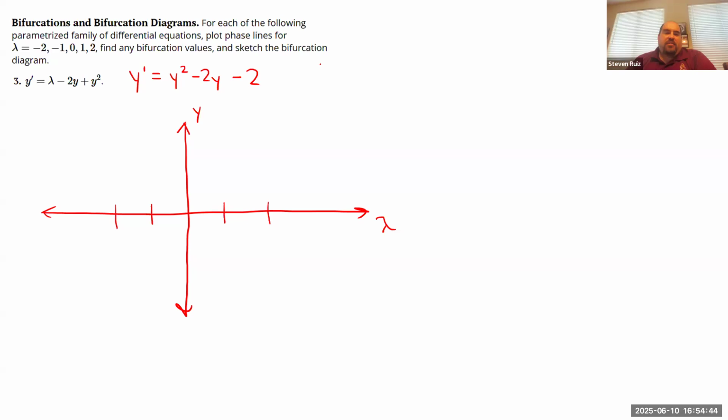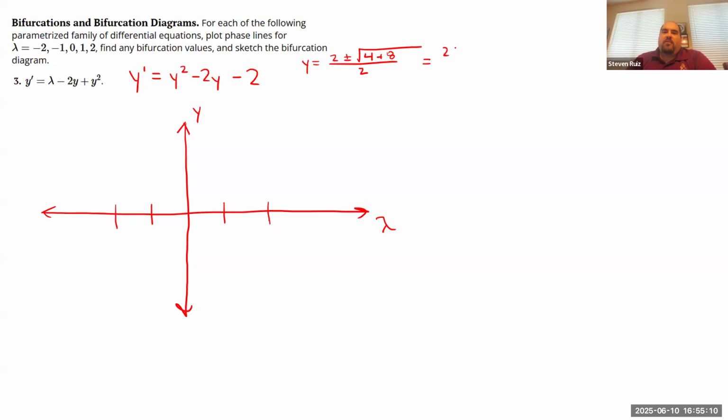I don't believe this factors, so we can solve using the quadratic formula. y equals -b, so 2, plus or minus the square root of b squared, 4, minus 4 times 1 times -2, so plus 4 times 2, which is 8, all over 2.